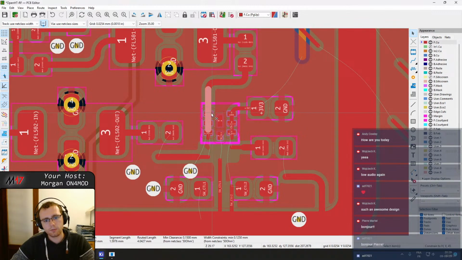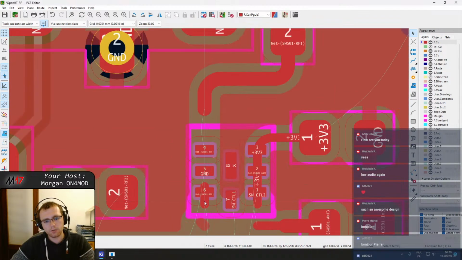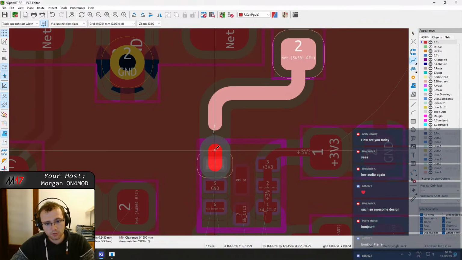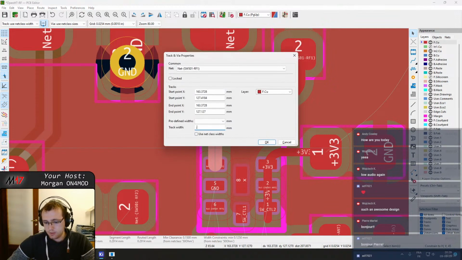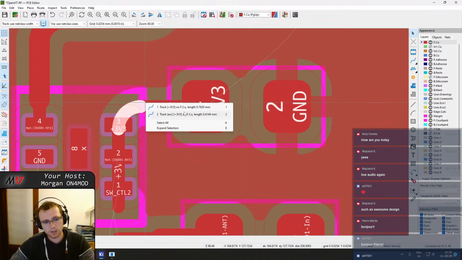Okay, this way we can have the room below to route the tracks for the switch control.